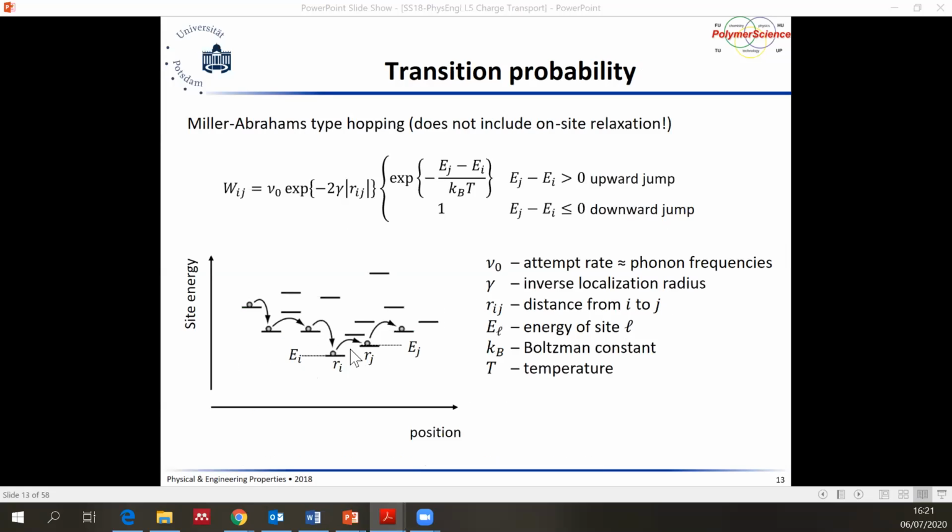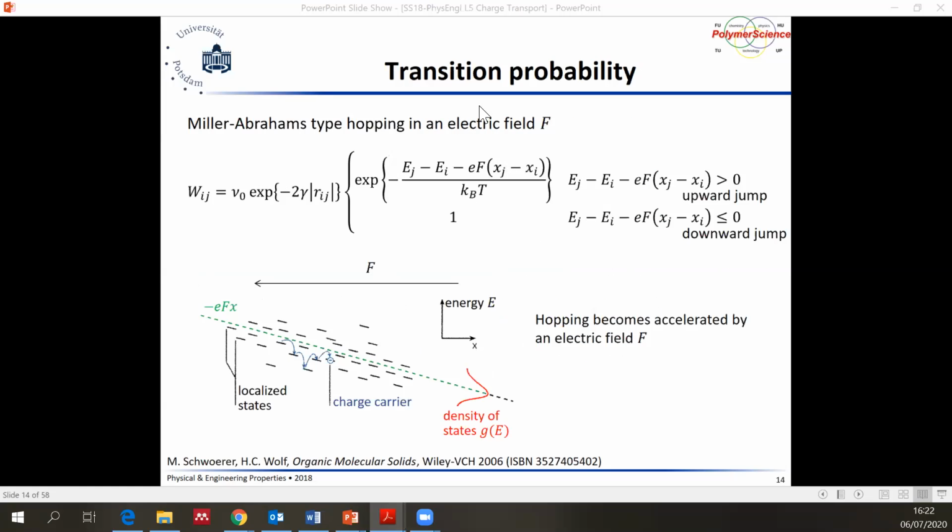Sometimes this barrier is rather large and the charge gets stuck or trapped on this side. And given that the energy required to detrap it is larger than kBT, it means we can't do it by itself. Sometimes we can apply an electric field in order to get those charges out, or in order to give a particular direction to the charges to go from one side to another. So we can just modify the Miller-Abrahams equation to include an electric field in the exponential part.